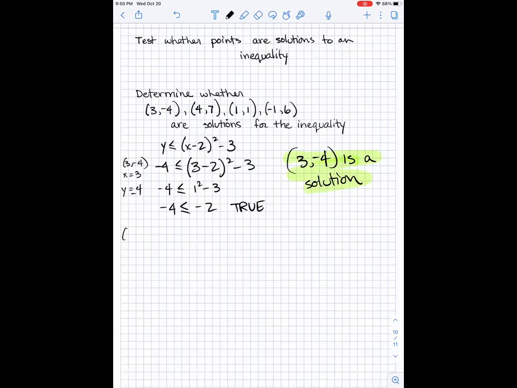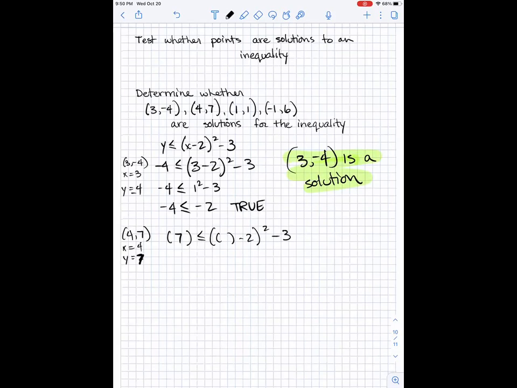Testing the next one, 4, 7. This means my x is equal to 4 and my y is equal to 7. I'm going to replace each of the variables with parentheses. This helps me not lose negatives. So y was 7, x was 4.